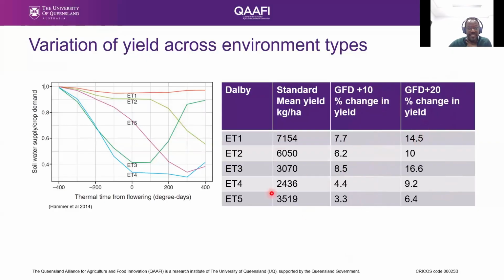But the more important thing here is in environments where water was non-limiting, we got a big increase. That is environment 1, 2, and 3. And environments 4 and 5, where water was more limiting post-anthesis, we found there was a marginal increase in yield.